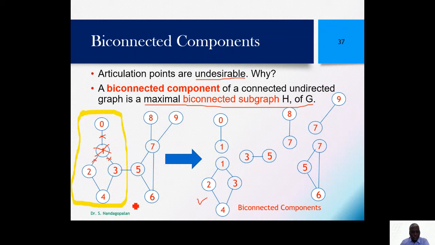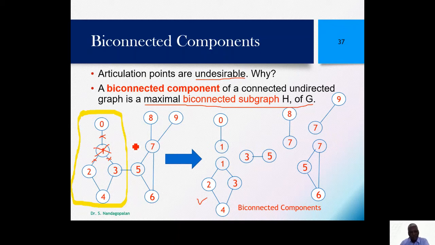So this whole thing cannot be called a biconnected subgraph, because whenever you have an articulation point, it cannot be called biconnected at all.